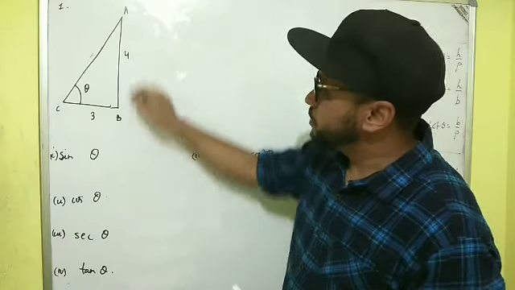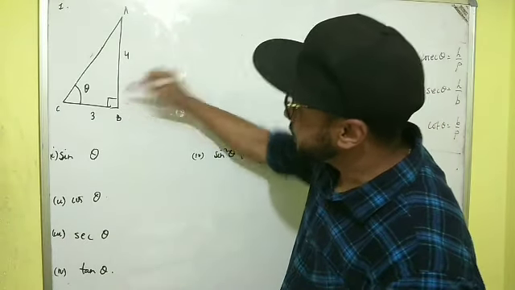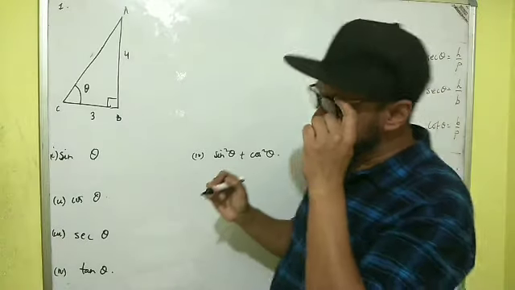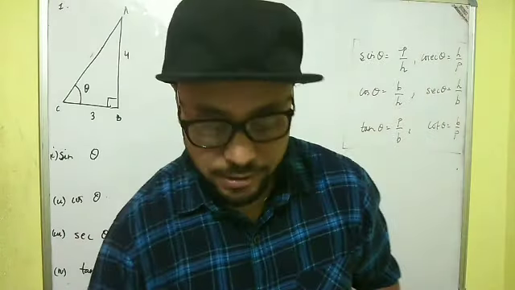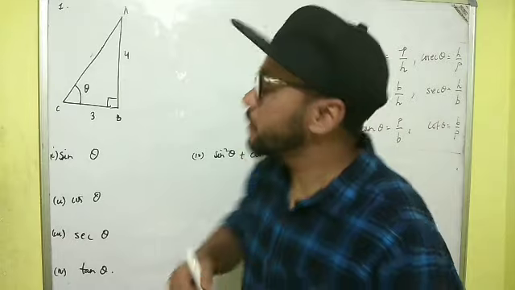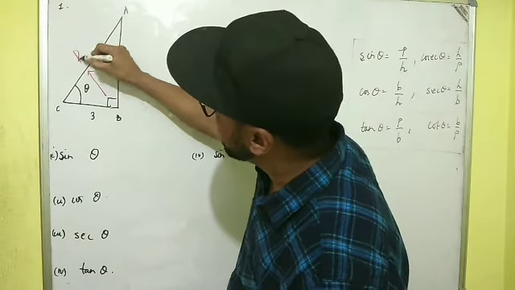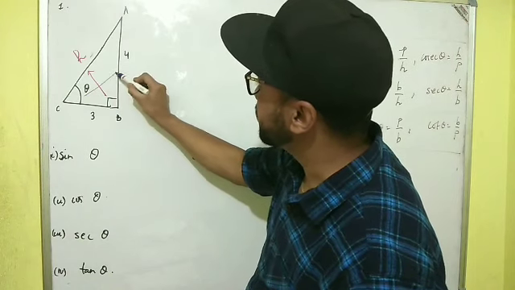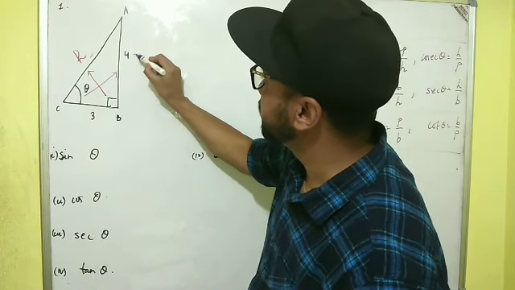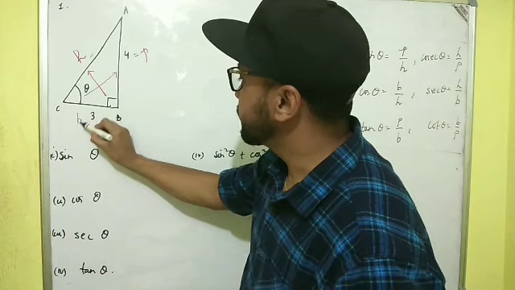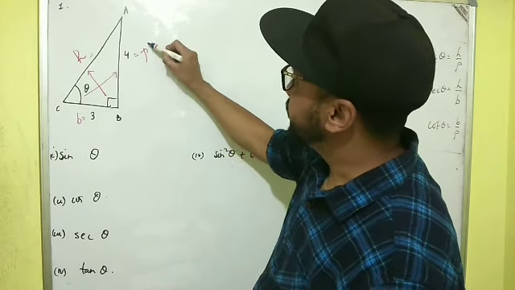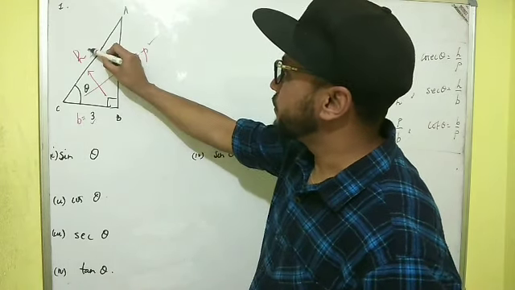ABC is a right angle triangle. Let us try to find the sides. The side opposite to 90 degrees is the hypotenuse, the side opposite to the given angle is the perpendicular, and the remaining one is the base. We have perpendicular and base, and we have to find h.